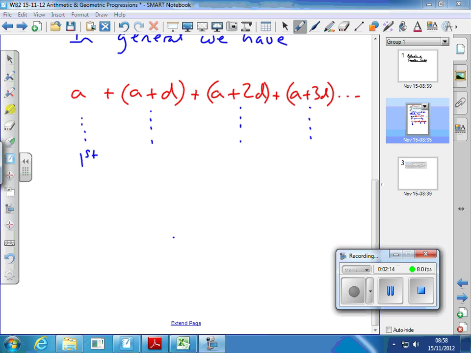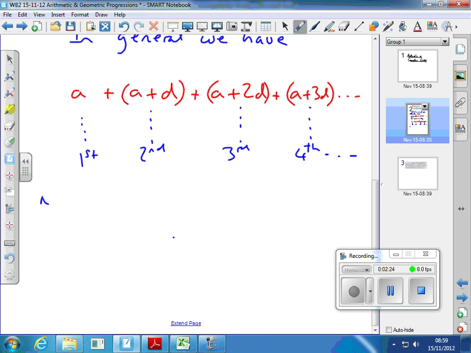The first term there, second term, third term, fourth term, and so on. And so what we do is we say n for the term. So the n represents the term. N equals 1, n equals 2, n equals 3, n equals 4. And I'll define what A and D are underneath, but I just wanted to have them together.